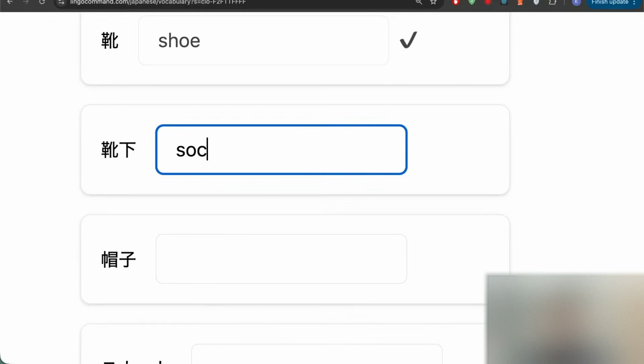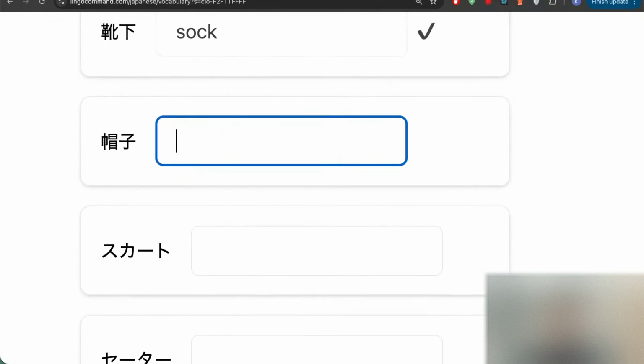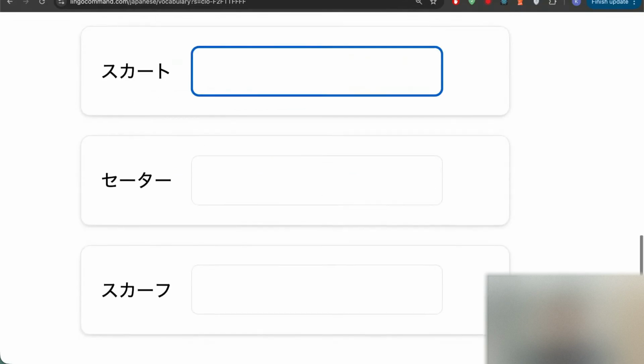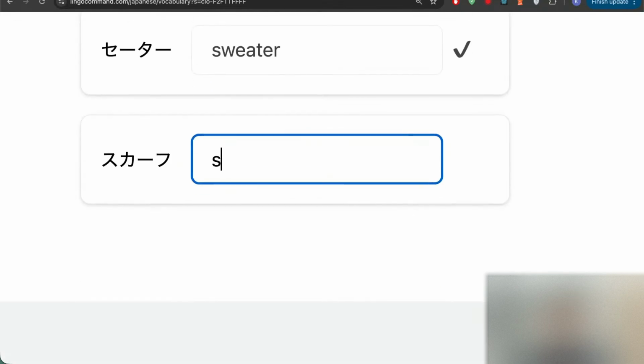It's actually socks, or sock. I think that this next one, which has two kanji, is boshi, which means hat. Skato is skirt, that's just katakana. Seita is sweater. Skafu is scarf.